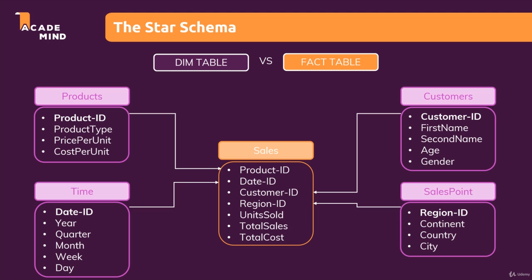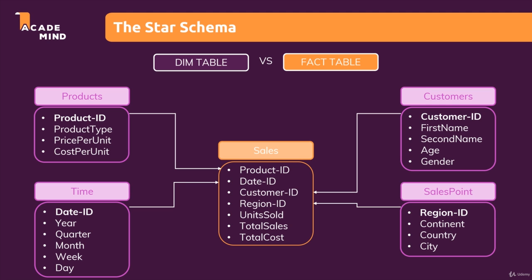You have detailed information on specific areas, products, customers, time, and sales point in dedicated tables. And in the core table, the fact table, you connect the information of these dedicated tables, and you have some core data, in our case, the total sales, for example, stored in this fact table. It's all about creating a schema which allows us to better structure our data to avoid redundant information.